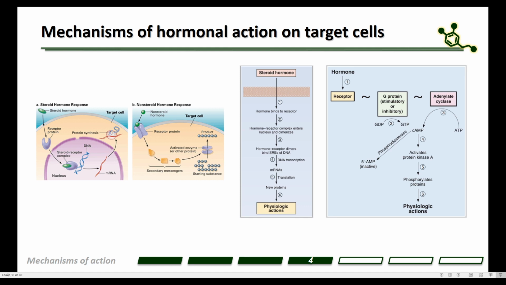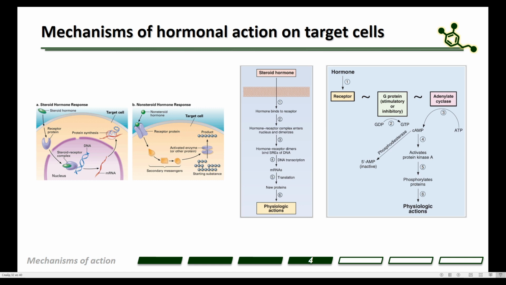So in this case, the steroid hormone can go through the cell membrane and enter the cell. So for steroid hormones, receptors will be located within the cell or within the nucleus, because they can enter the cell. So two types of receptors, cytoplasmic or nuclear receptors.